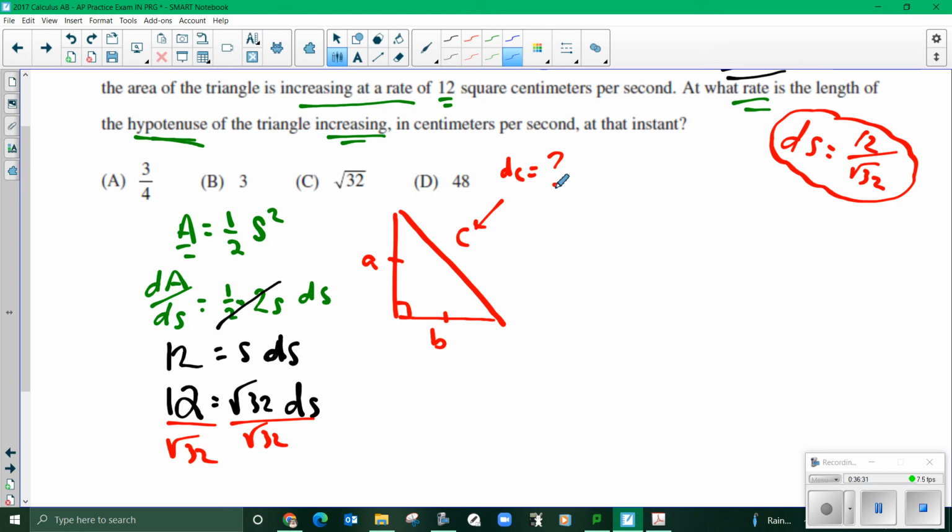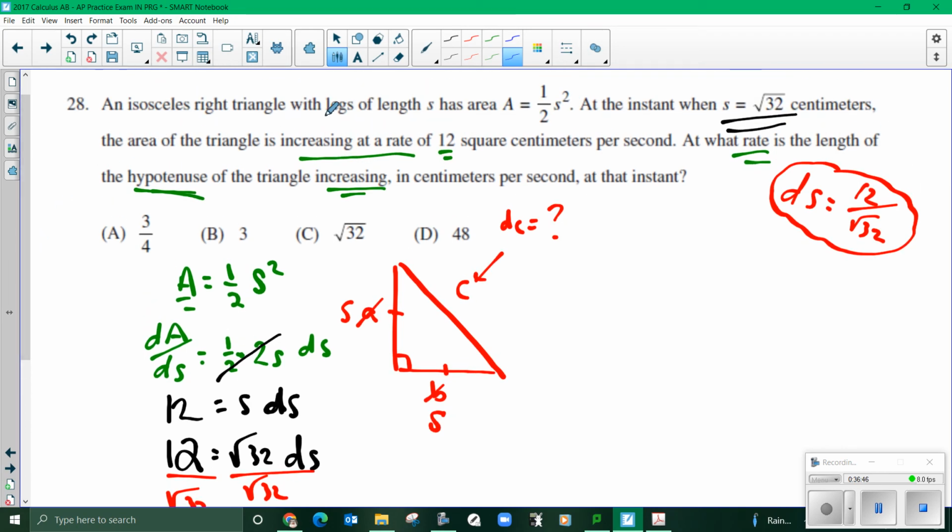Well, the Pythagorean theorem. And since this is isosceles, and A and B should be the same, these are really our S value. We'll call these both S, the sides of the triangle. It tells you right here, the isosceles right triangle with legs of length S. These are the legs.